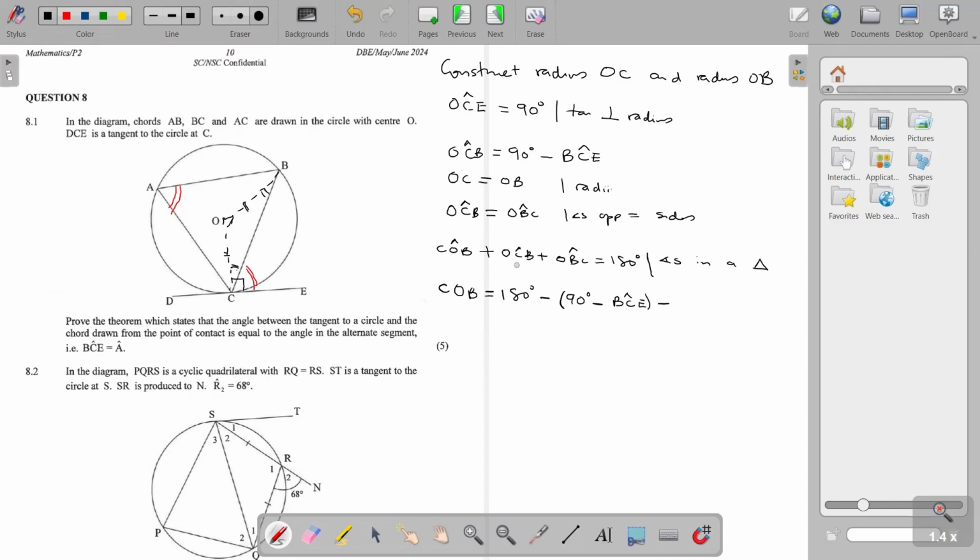Minus again OBC, but we said OBC is equal to OCB. Therefore, OBC is also equal to 90 degrees minus BCE.